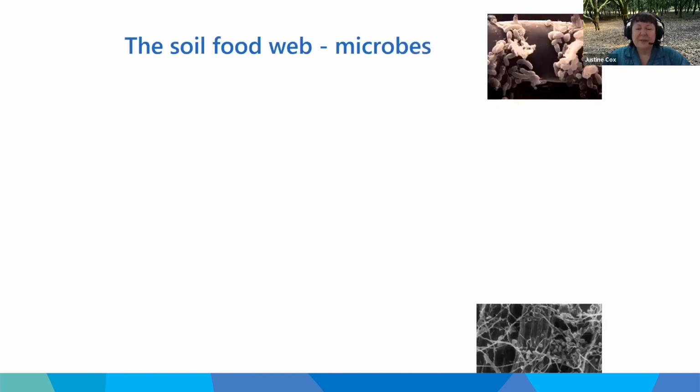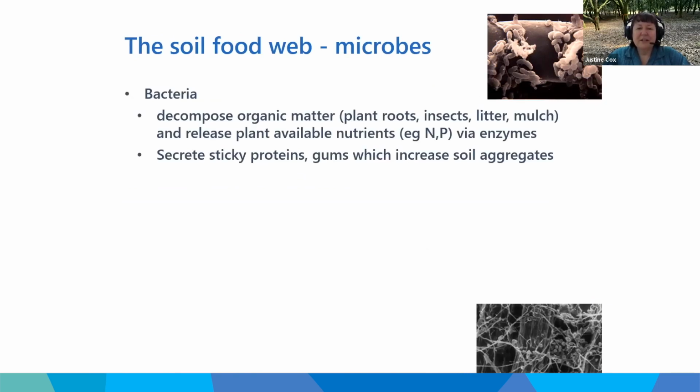So let's take you through the organisms again, and specifically about the roles each of the groups have. So the microbes, which are the bacteria and the fungi. Bacteria decompose organic matter. So they sit on plant roots and organic matter and old rotting insects, and they decompose what they're attached to and release plant available nutrients.